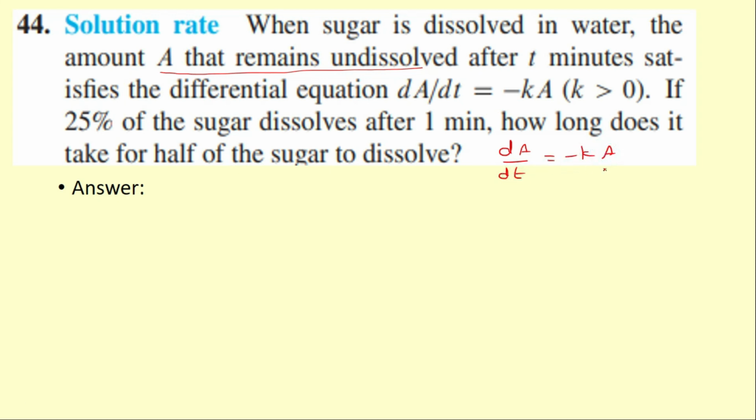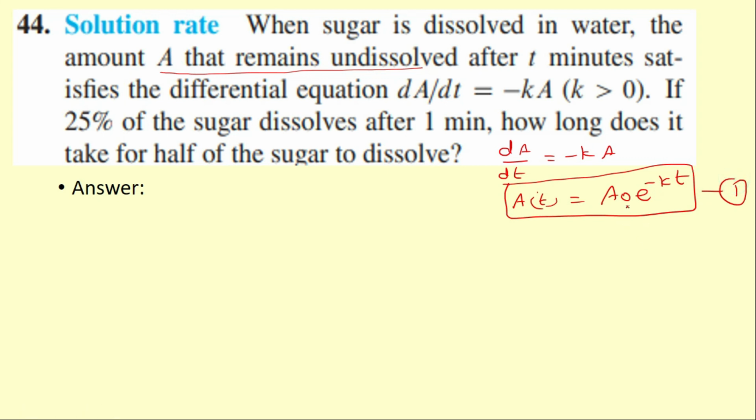So as per the pattern of this kind of first order differential equation, the solution must be A as a function of t, A is equal to A0 e raised to minus kt. This must be the solution pattern. So we can directly call it equation number 1.